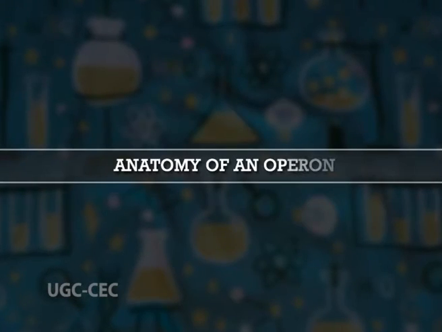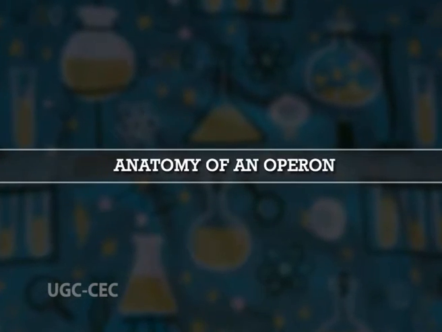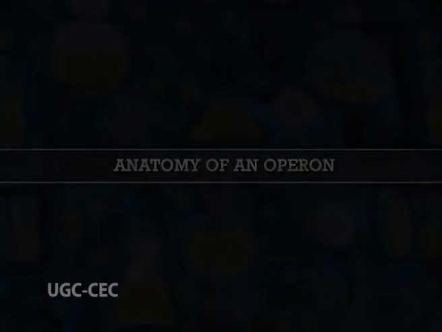Let us now see the anatomy of an operon. An operon includes the DNA sequences encoding the structural genes, or regions coding for related polypeptides, along with other regulatory regions that influence the transcription of the genes.